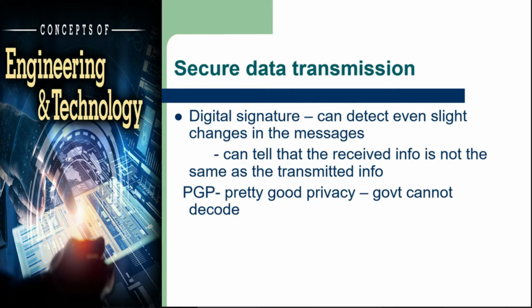This is also one of the important things. Whatever information you are transferring, whether the same information that was transmitted from the transmission end is received or not can be verified here. Any small variations or deviations can be identified here.